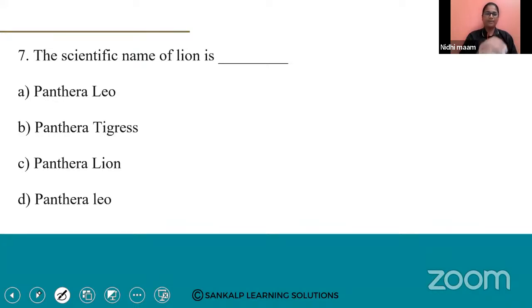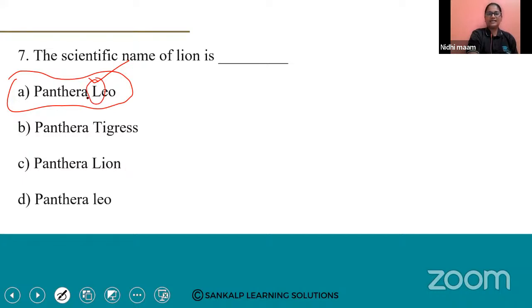See the options properly. Dhavina, Vaividya answered it. Good. Redmi answered it. Fine. Valentina answered it. Okay. Fine. So, most of you answered it correctly. Some of you voted for option A, Panthera leo. Even though it is a scientific name, the way of writing a scientific name is not followed here.